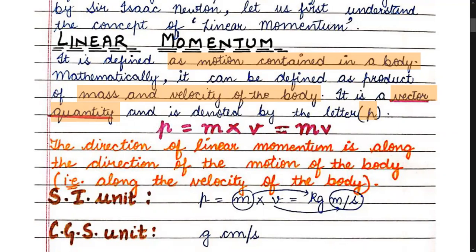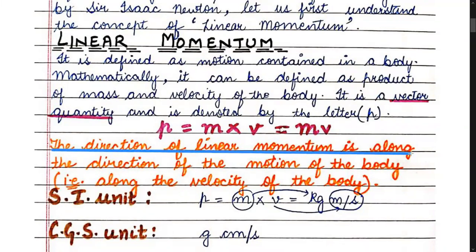Now children, since it is a vector quantity, it depends on direction, and the direction of linear momentum is along the direction of motion of the body, that is along the velocity of the body.